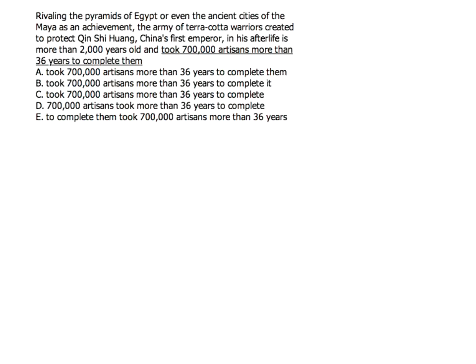So this is an introductory modifier, this thing that's right here, rivaling the pyramids of Egypt or even the ancient cities of the Maya. And then you have the sentence, which is the army of these things. Lots of modifiers here. Of terracotta warriors describes the army.